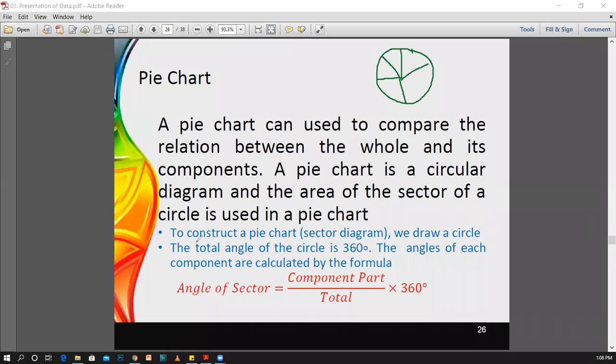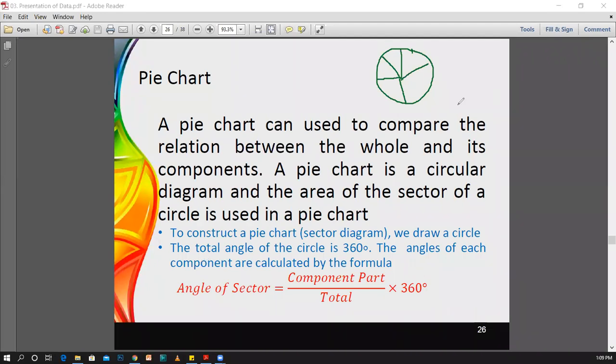If you need to construct a pie chart, or in other terms a sector diagram, first of all we have to draw a circle. The total angle of the circle is 360 degrees, and we have to divide the angle according to the components.